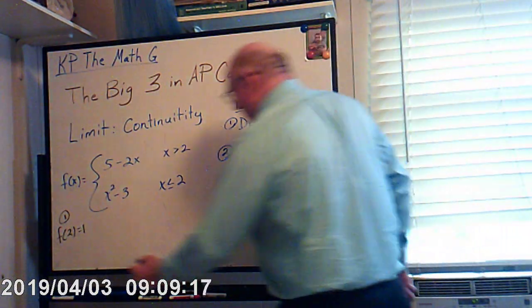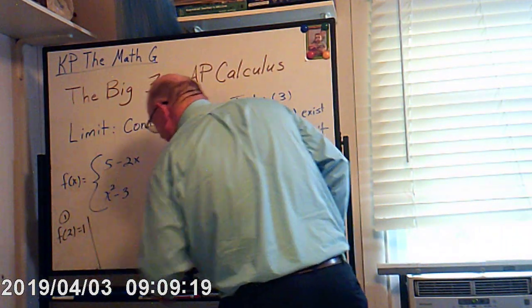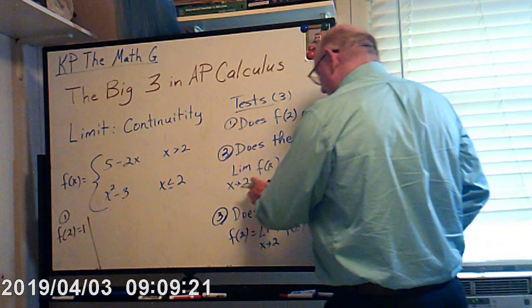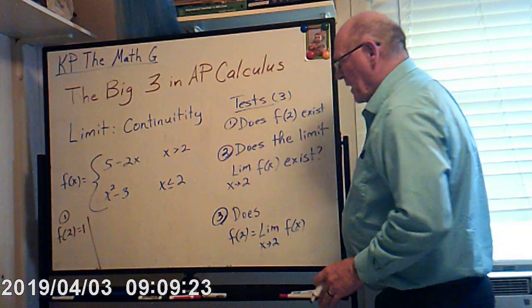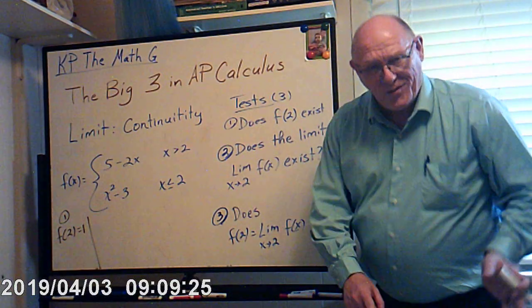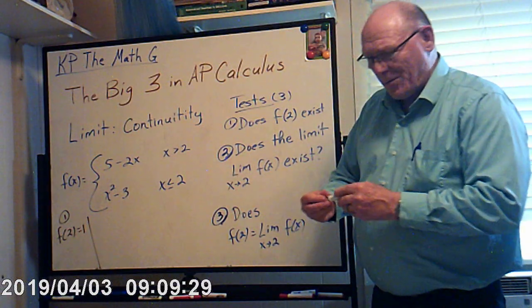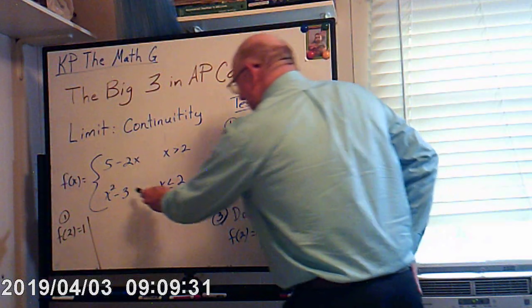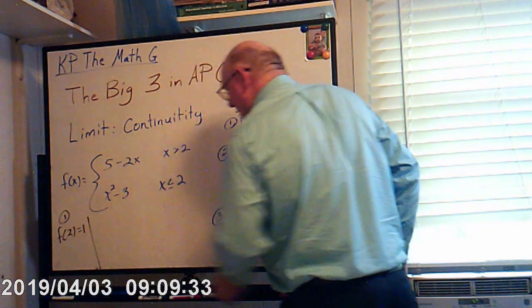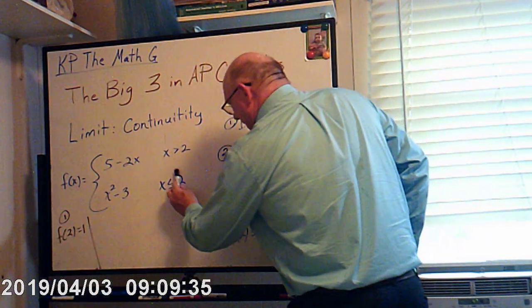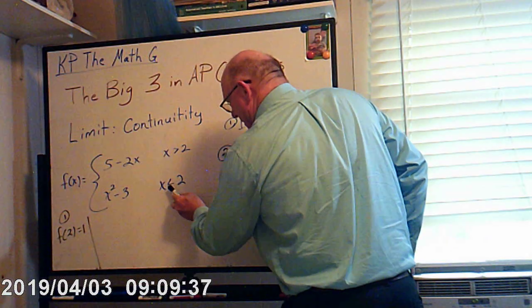Alright, now the second part here, does the limit exist? When you check the limit, you got to check the limit from the left side and the limit from the right side. This is where both of these pieces are in play. The left side is where it's less than.